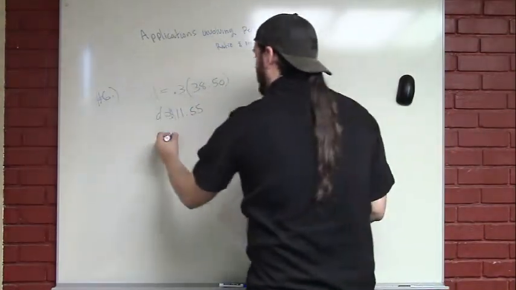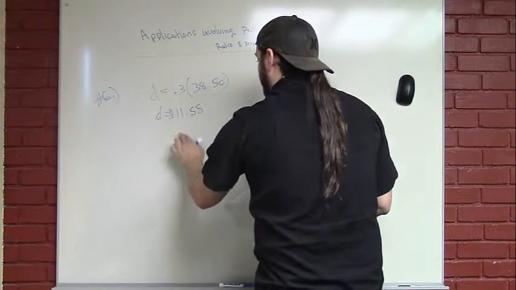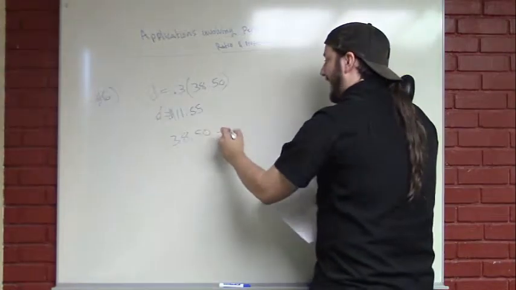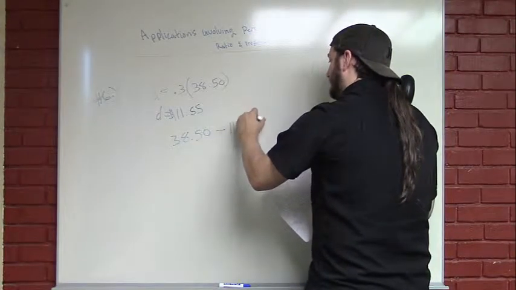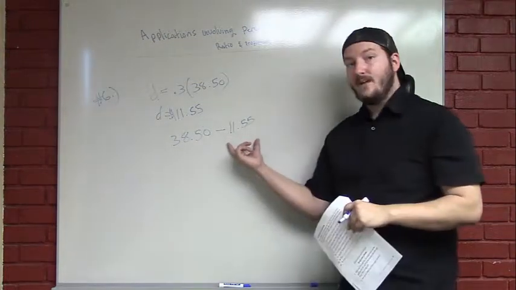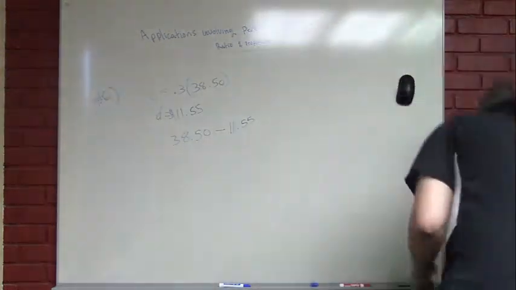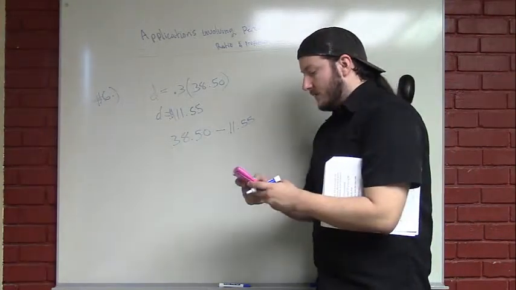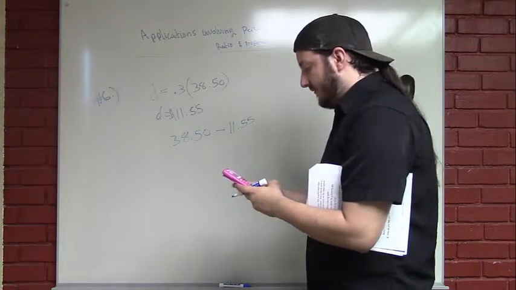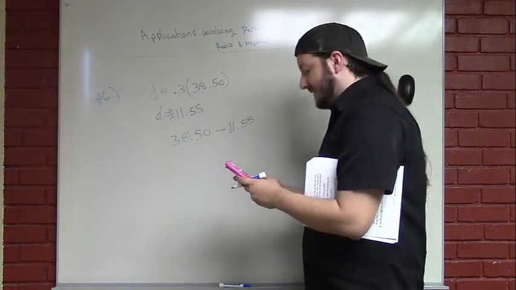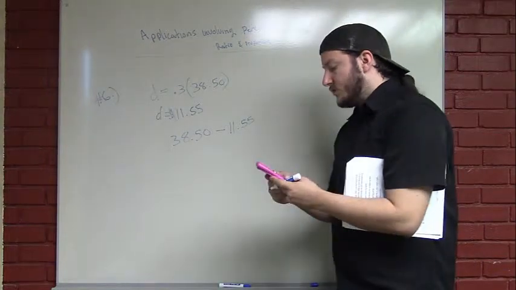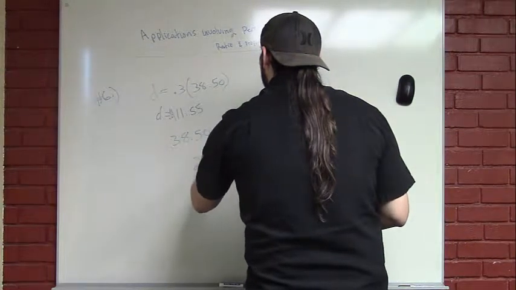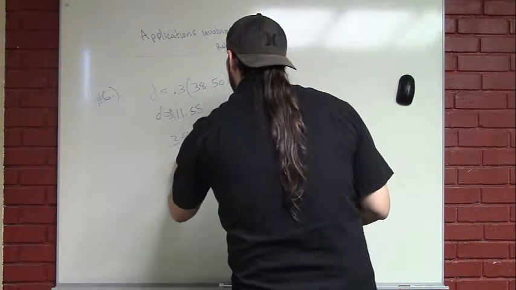So what you have to do is take the original price here, $38.50, and subtract the $11.55. And when you do that, 38.5 minus 11.55 is $26.95.